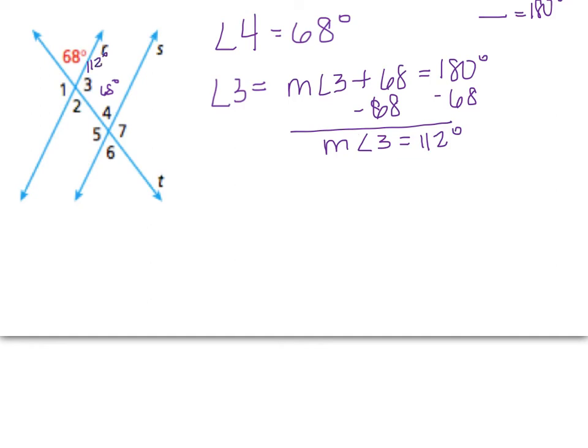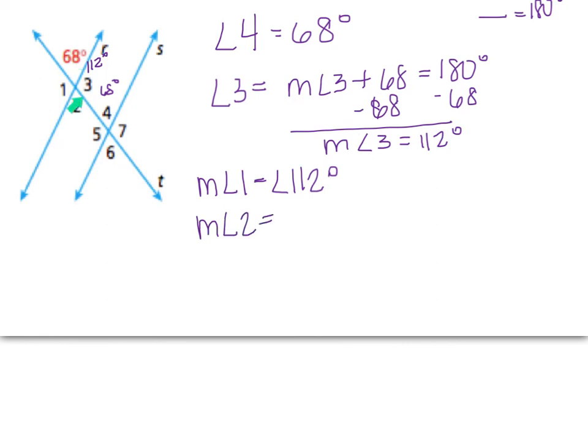Now we should be able to figure out every single other angle without having to do any math. So see if you can find the measure of angle 1, the one right here, on your own. You should have found this to be 112 degrees, because remember, vertical angles means these two are exactly the same. So what does that mean the measure of angle 2 is going to be?